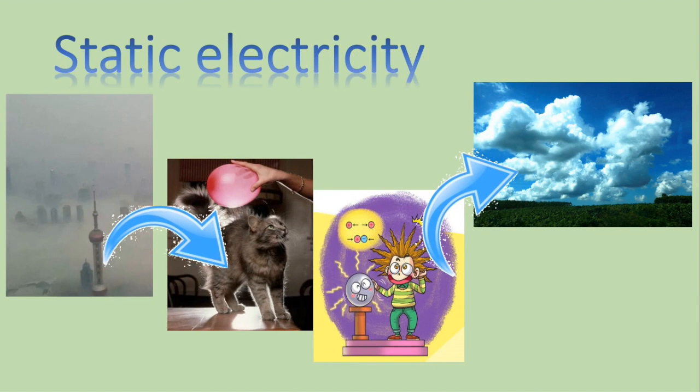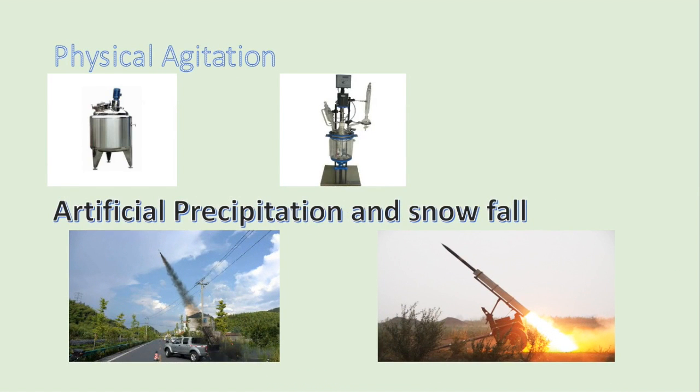Some scientists propose to utilize static electricity to improve our air condition. Its principle is to use copper coil to produce an electrostatic field, so the particles in the air will be captured efficiently. Other solutions such as physical agitation, artificial precipitation, and snowfall are also under development.